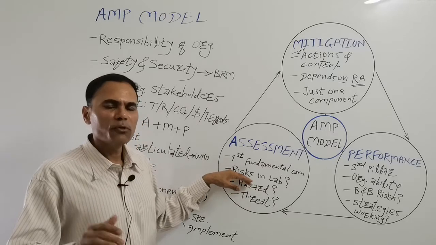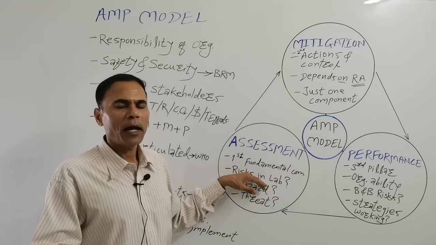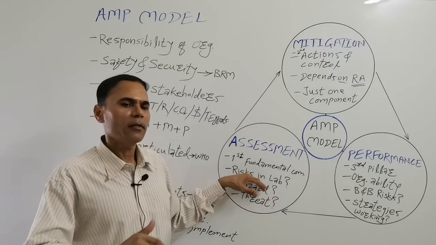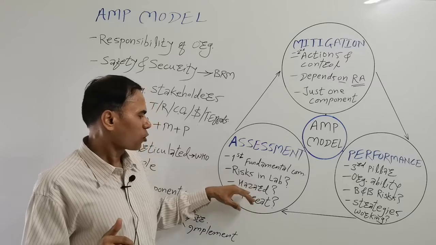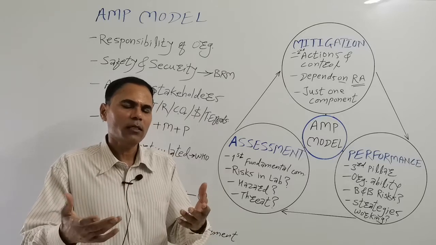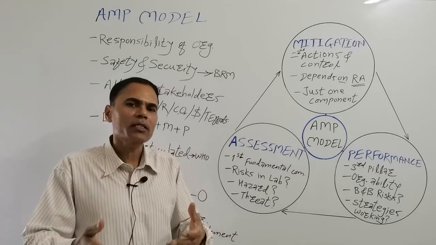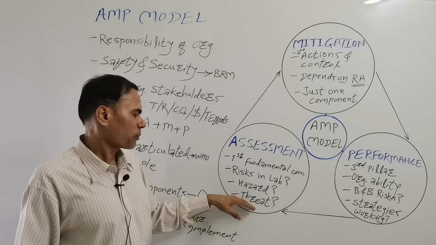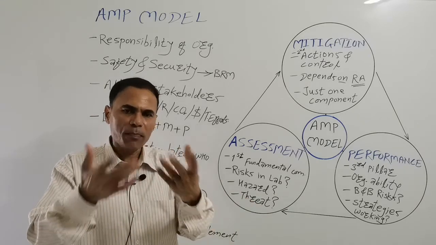In assessment, you need to find out what the risks in the laboratory are, and bear in mind the risk assessment should be done separately for biosafety and biosecurity. As part of that, you will be able to find out what the hazards are. What is meant by hazard? Hazards are sources, situations or acts that have the potential to cause harm. As part of the biosecurity assessment, you also need to identify the threats. Threats means people.